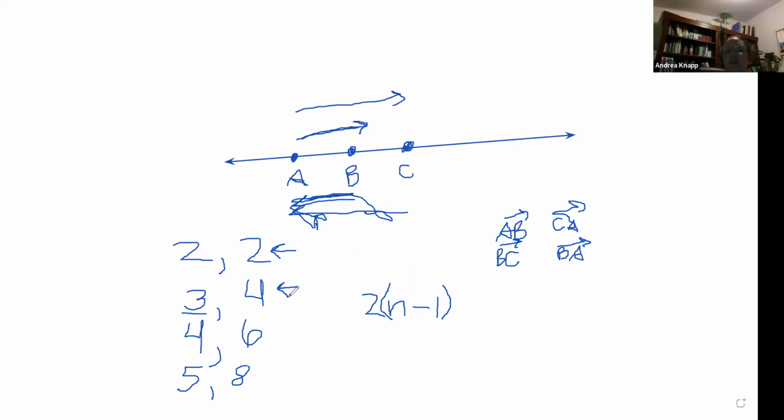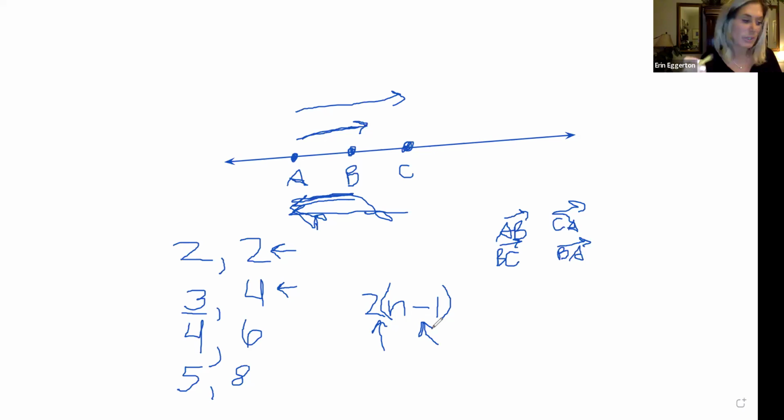Sorry, 2 times 2, which is 4. Okay, so the fact that it's going right and going left gives us the sense that we ought to be doubling something. It didn't quite work to double n, but it did work to double n minus 1. So this is another strategy: if n doesn't work, maybe n minus 1 or n minus 2 might work.